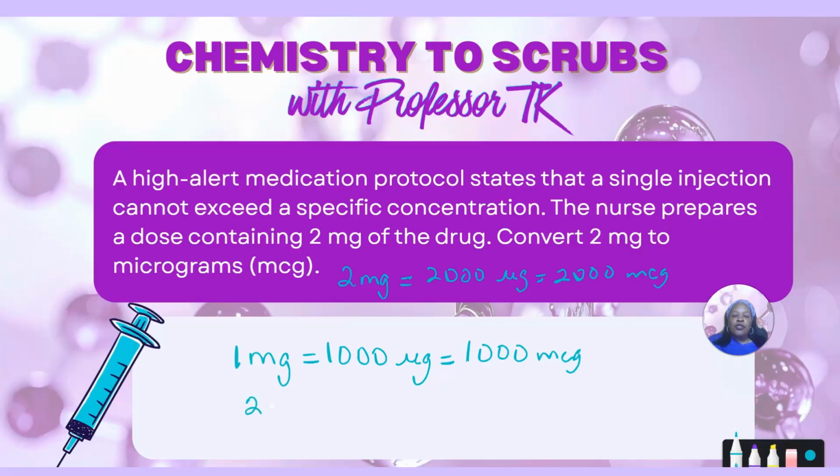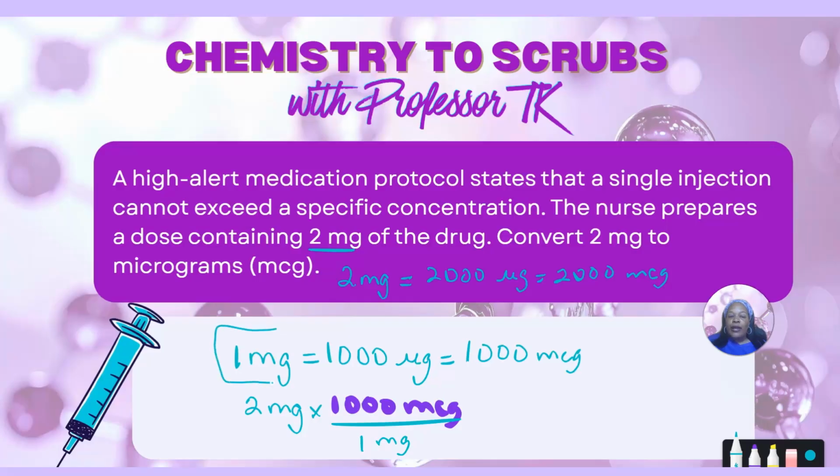So what you have to do is just say 2 milligrams, the starting number they gave you, times, and now I'm going to show you the simplest way: put the 1,000 micrograms on top, and on the very bottom, you're going to put 1 milligram.